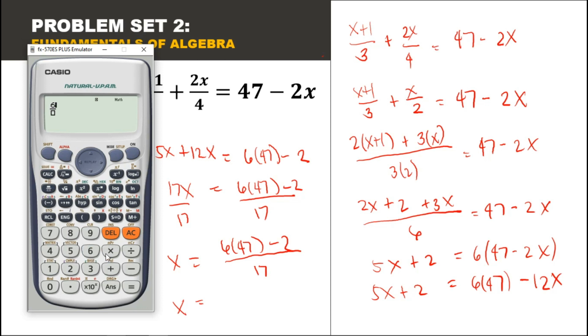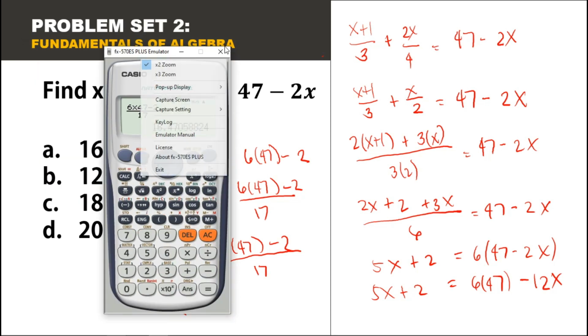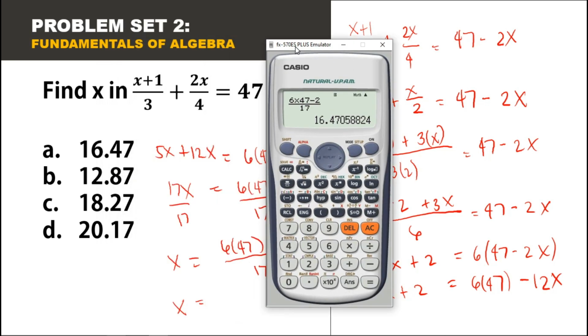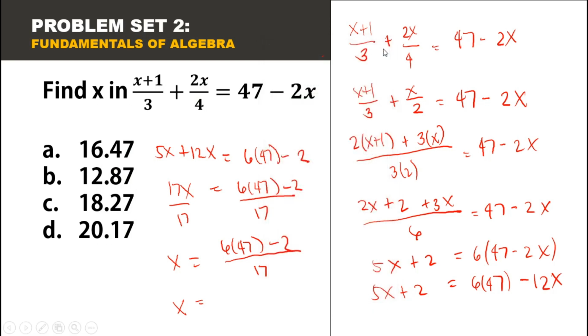You have 6 times 47, minus 2, all over 17. So we have 16.47. That is letter A.